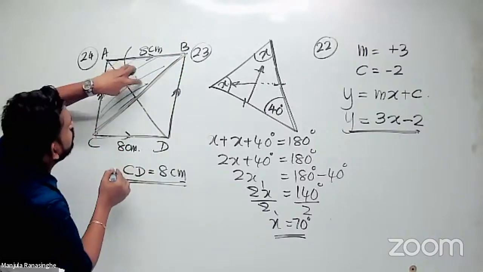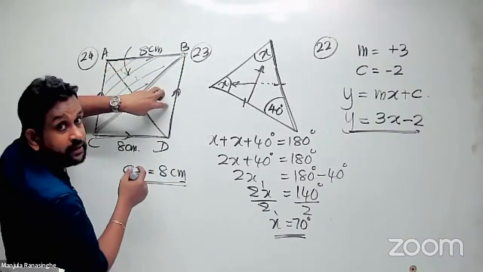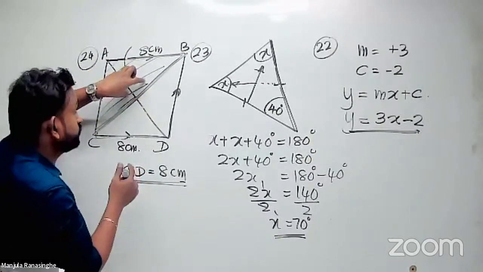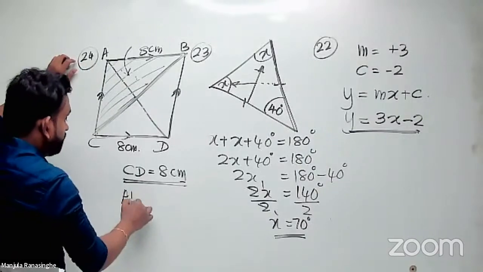So that means this triangle area equals this triangle area. So 80 is equally shared between the two triangles. So what is the area of triangle ABC?